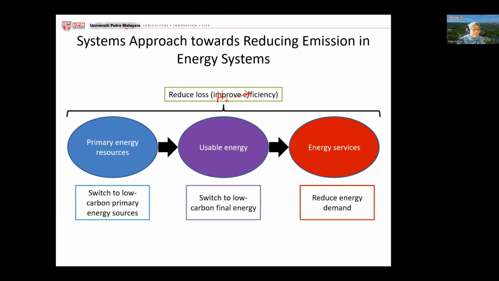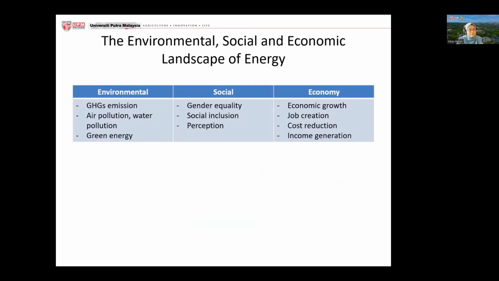But all of this is actually, the main point is that we need to reduce loss and improve efficiency towards the final aim of getting a very efficient energy system with lower emissions, right?